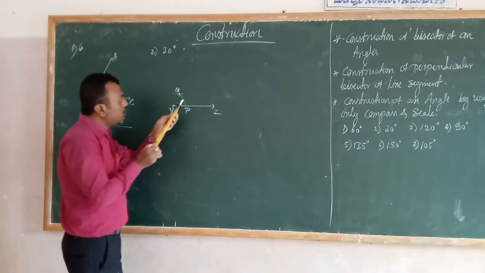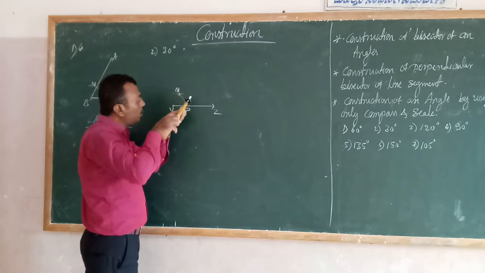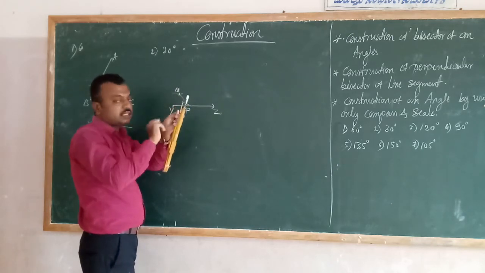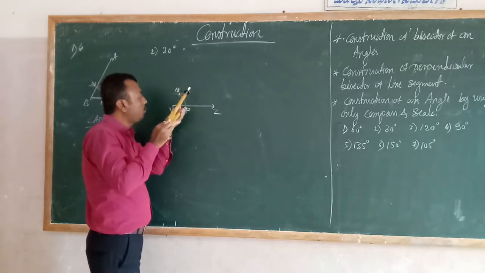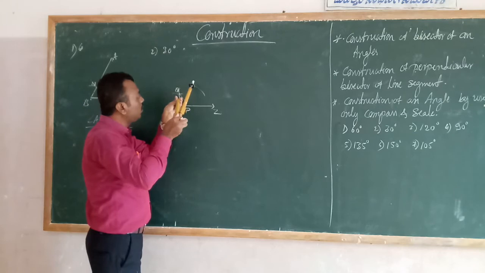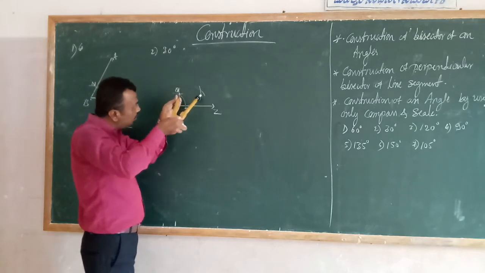So what happened? See, first keep on the point P, next step. You can extend this arc. Keep on the point P and cut one arc. Same, keep on the point Q and cut the same arc.